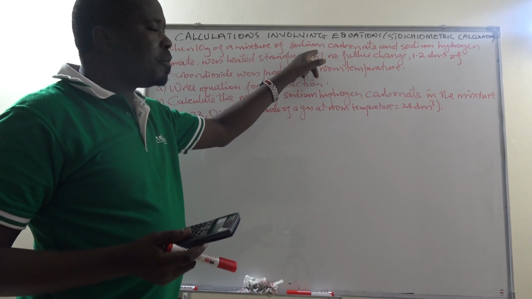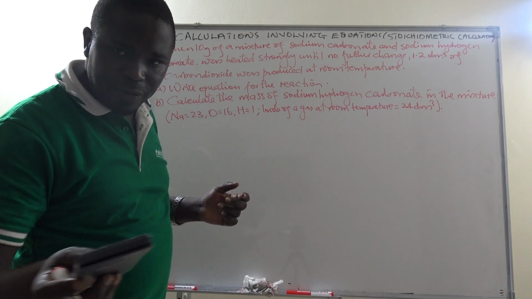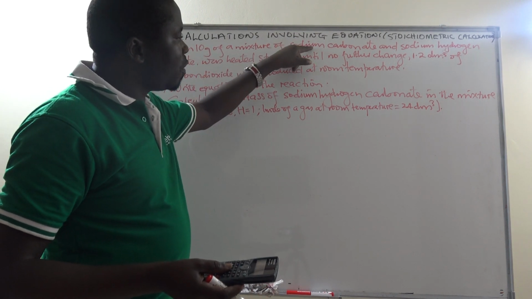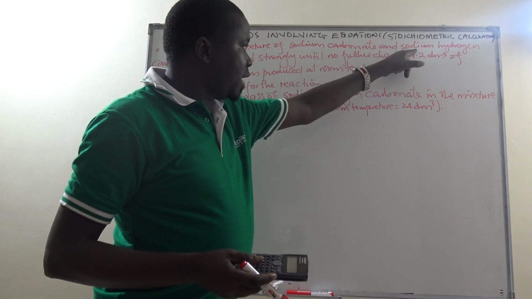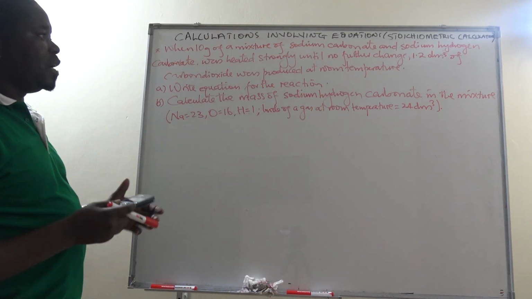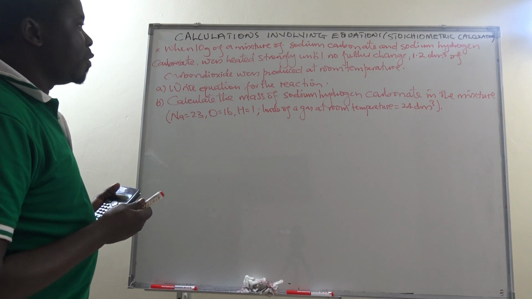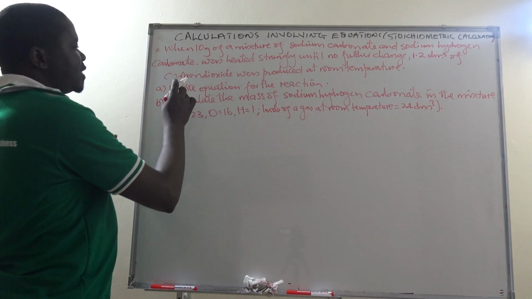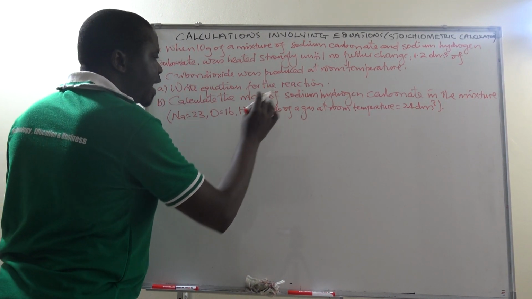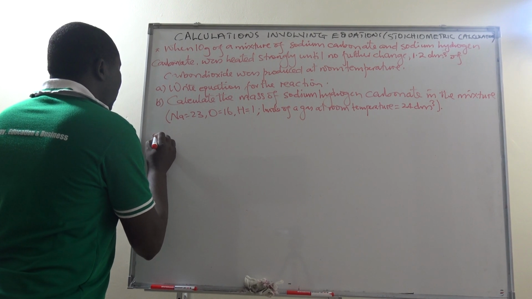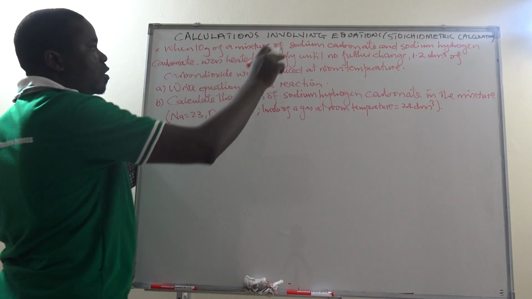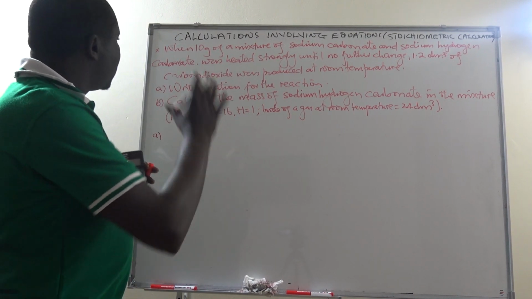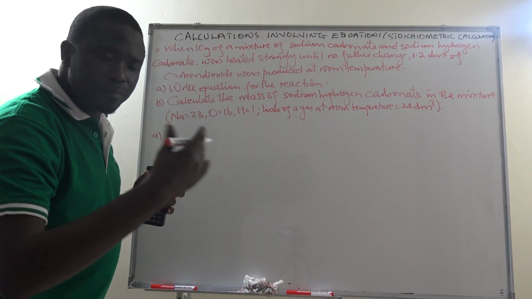Now, sodium carbonate is thermally stable. Even if you heat it for so long, it will not decompose. But it is the sodium hydrogen carbonate that will decompose and produce carbon dioxide. So we shall write the equation for the decomposition of sodium hydrogen carbonate, but not sodium carbonate, because sodium carbonate cannot decompose when heated.